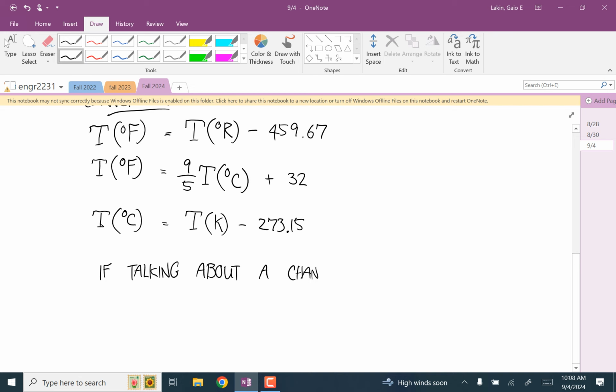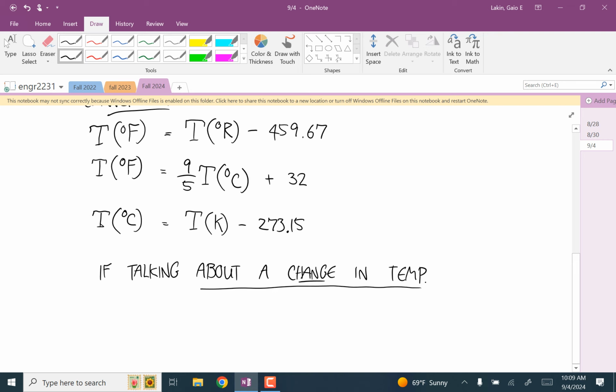If you're talking about a change in temperatures, those conversions are different. That's all because of those different 0 points. No other kinds of units have a thing where you have to make a distinction between whether you're talking about a change or the actual property temperature. Okay.